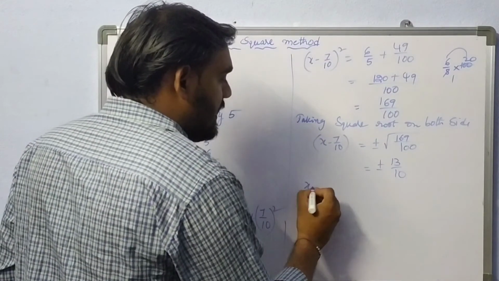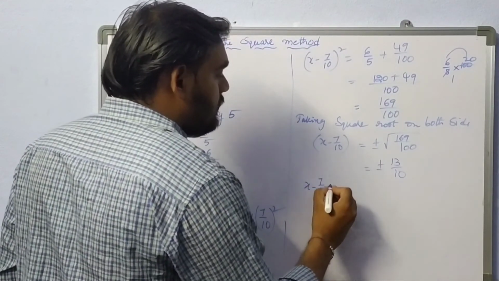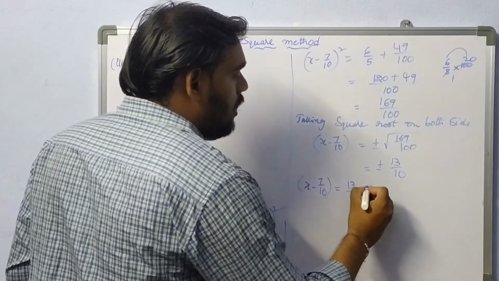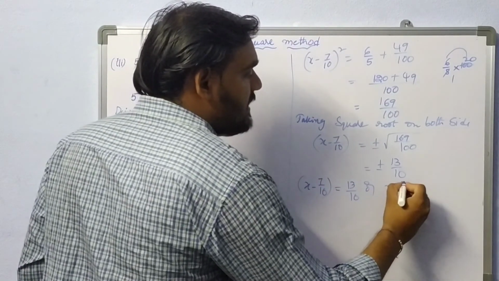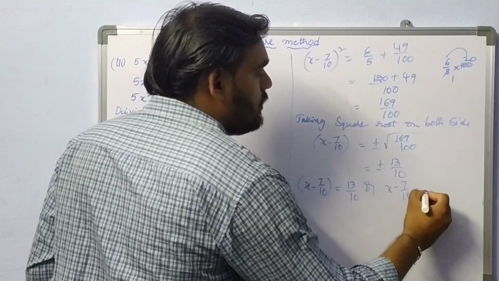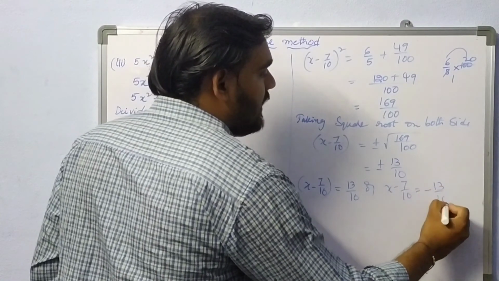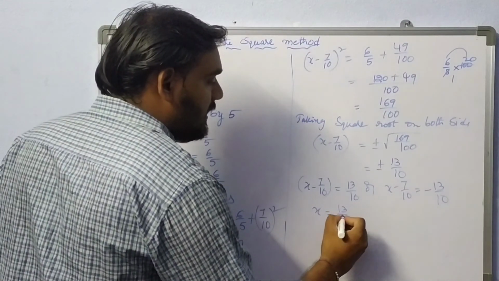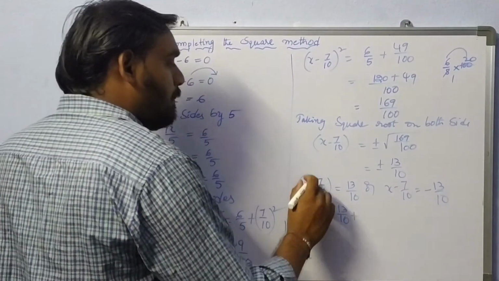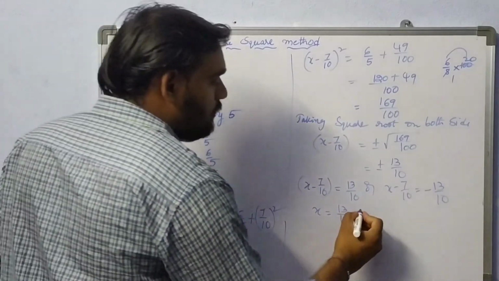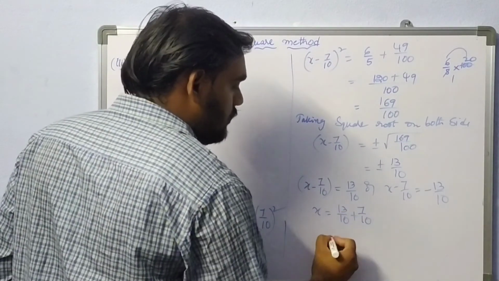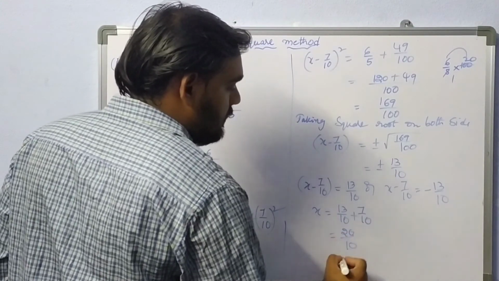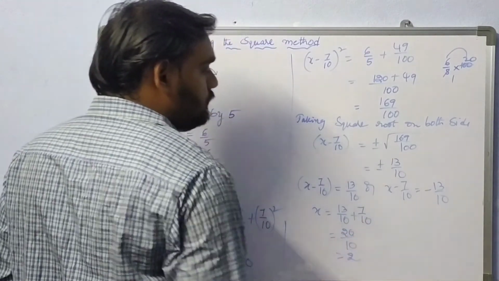So here x minus 7 by 10 is equal to 13 by 10, or x minus 7 by 10 is equal to minus 13 by 10. Now x is equal to 13 by 10 plus 7 by 10, after is equal to plus 7 by 10. So the answer is 13 plus 7, 20. 20 by 10 is equal to 2.